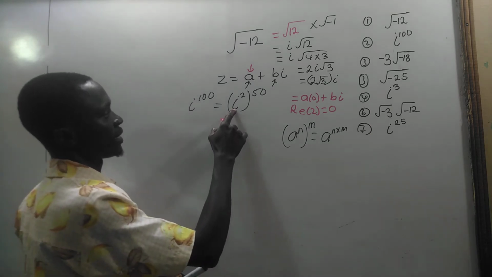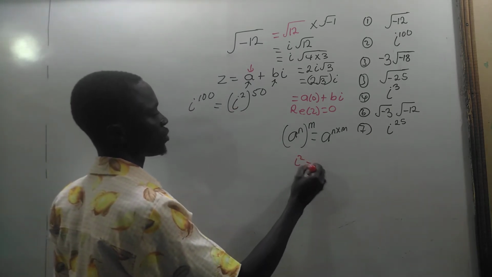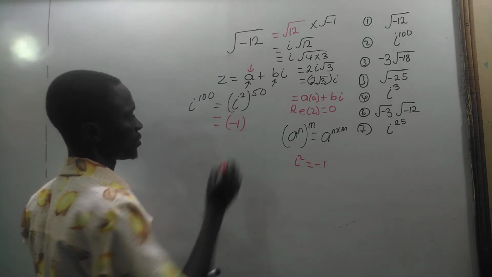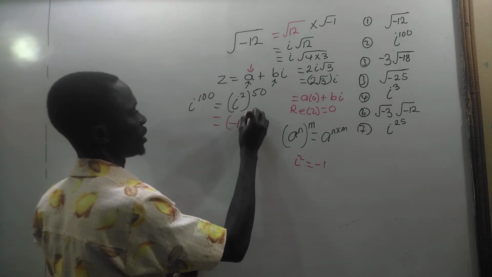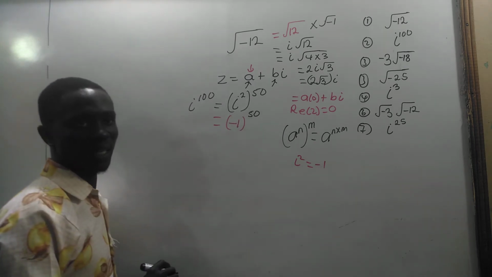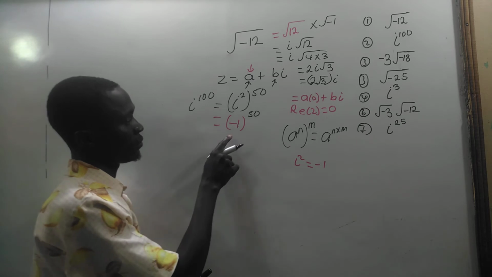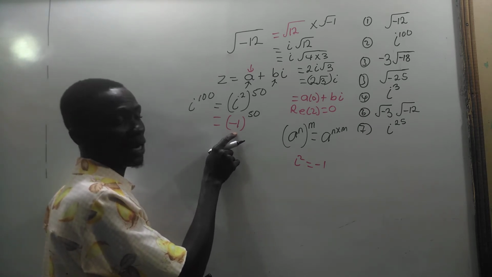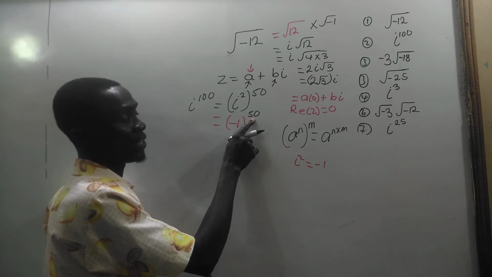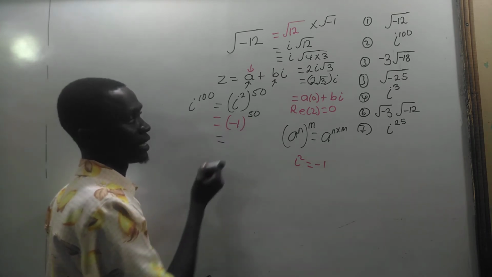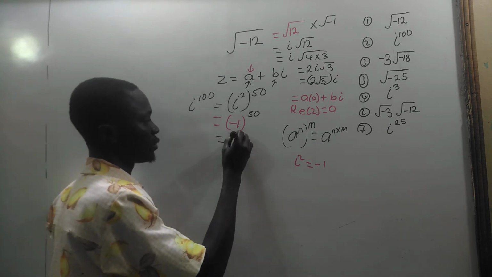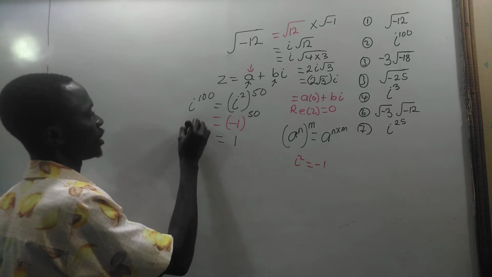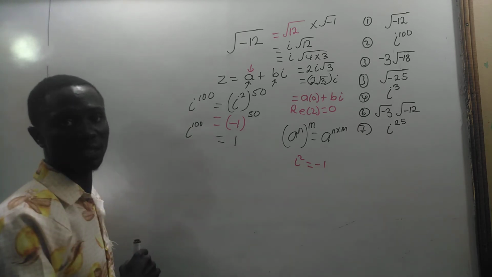Now, we are saying that i squared is equal to negative 1. So it implies that we are going to have negative 1 exponent 50. And you see that if you have a negative number raised to the power of an even number, the answer becomes positive. So here the answer is positive 1. Very simple as that. So here i to the power 100 is positive 1.